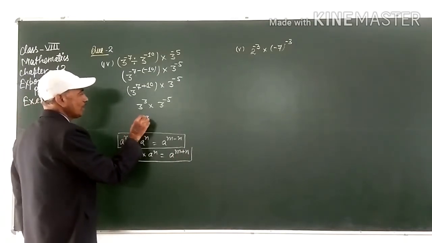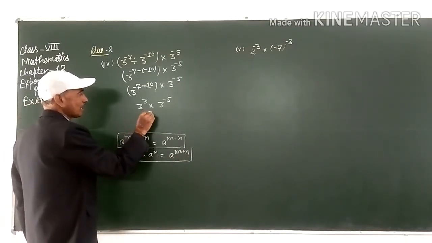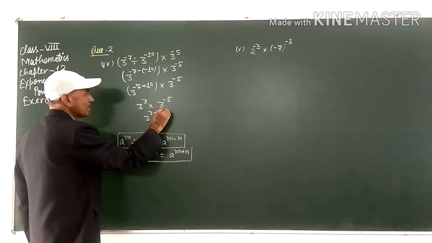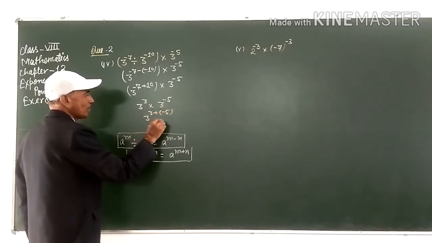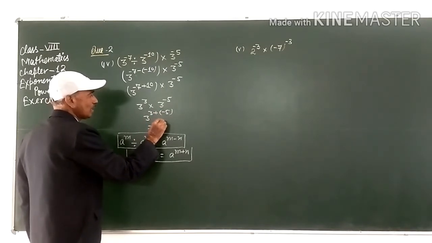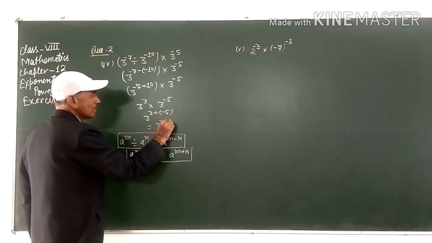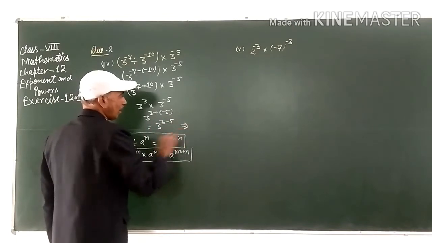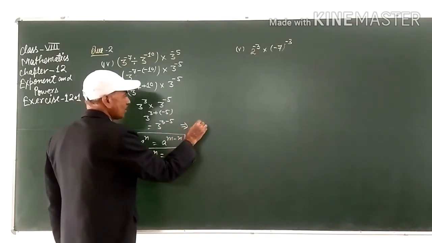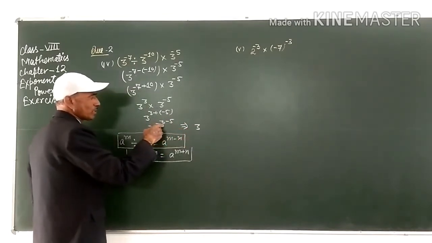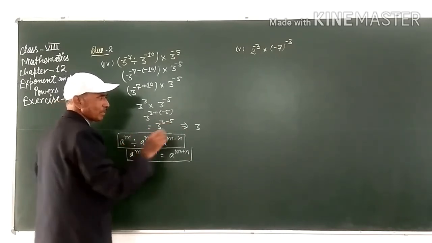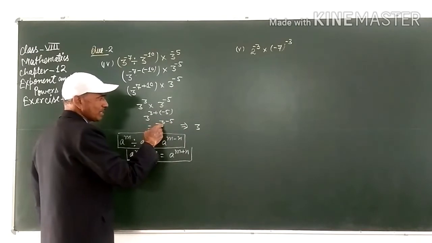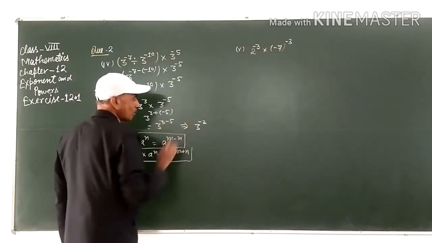So, this one will be 3 raised to the power 3 plus minus 5, or it will be 3 raised to the power, one is positive and another is negative. So, negative positive will be subtracted, minus 5 plus 3, that will be minus 2.